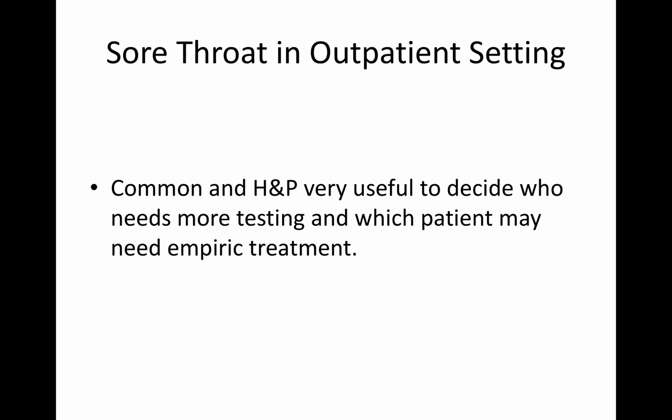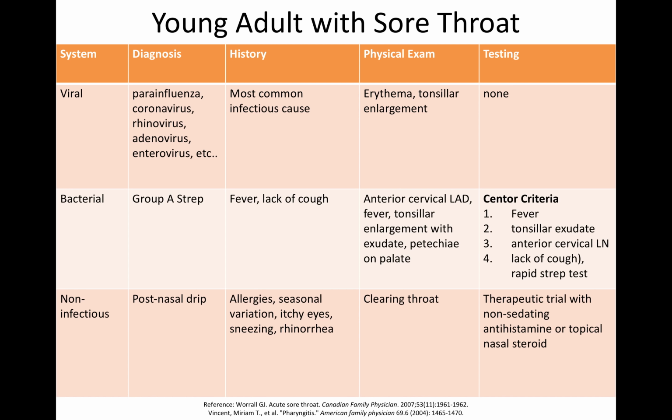Sore throat in the outpatient setting. This is also very common. And as we know, it can be caused by viral etiologies, bacterial etiologies, or non-infectious. And here too are critical history and physical exams that are going to be really useful.